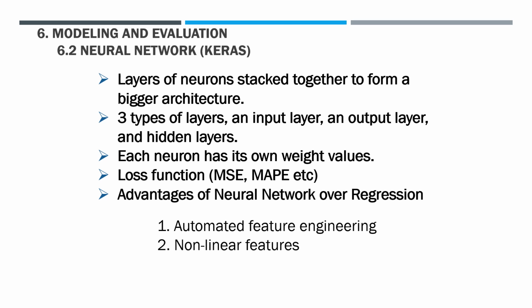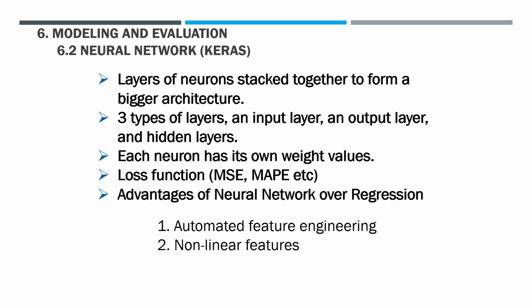Then the third type of layers in a neural network are hidden layers. The number of hidden layers and the number of neurons in the hidden layers is not fixed. It is decided by the optimization or tuning of the model.